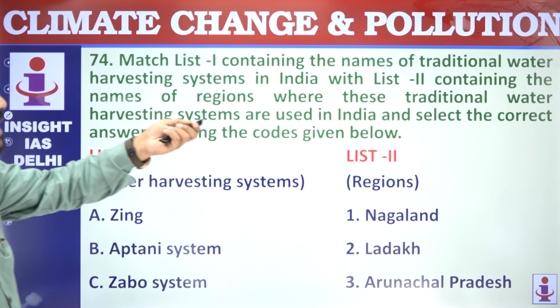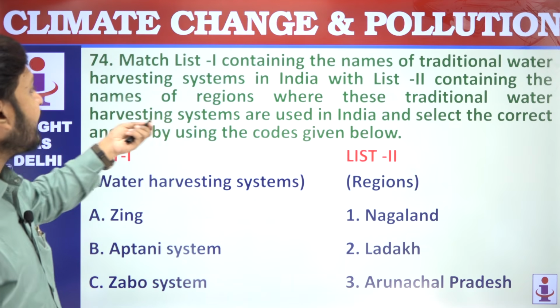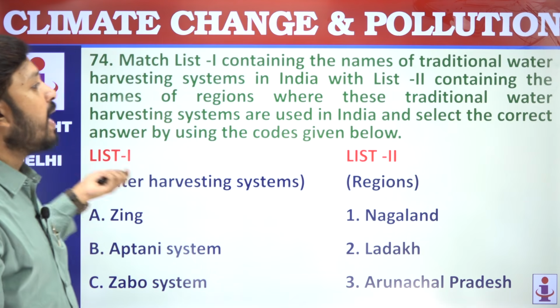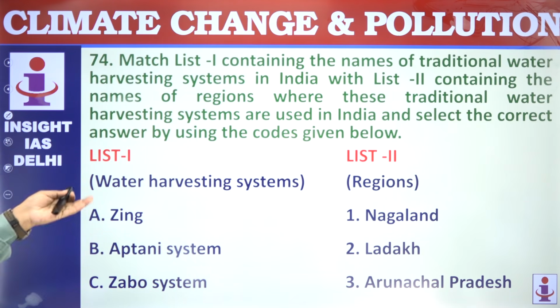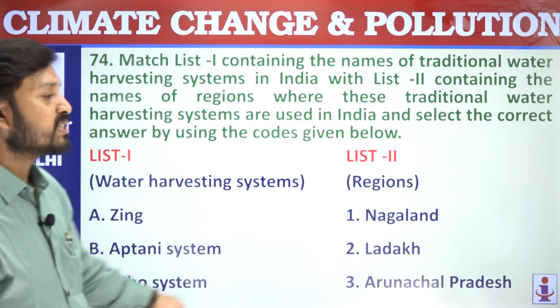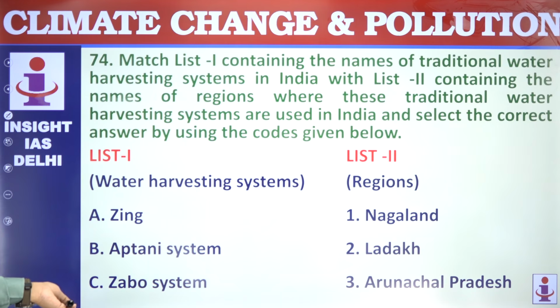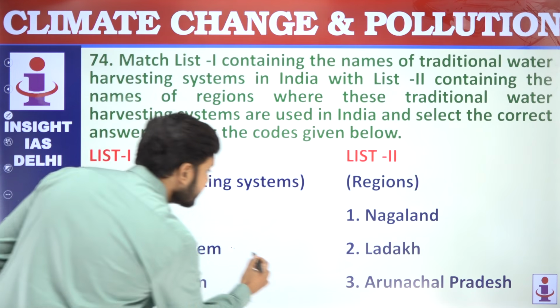Match list 1 containing the names of traditional water harvesting systems in India with list 2 containing names of regions where the traditional water harvesting systems are used in India, and select the correct answer by using the codes given below. Here some water harvesting systems and regions are given. We need to see which ones are correctly matched. For example, the easiest is the Apatani system, which is in Arunachal Pradesh.